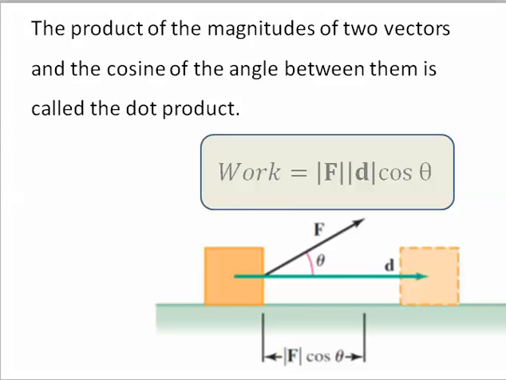The product of the magnitudes of two vectors and the cosine of the angle between them is called the dot product.